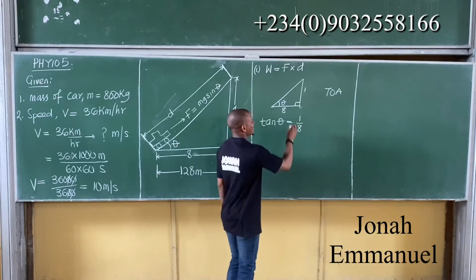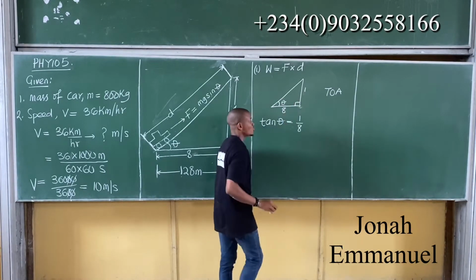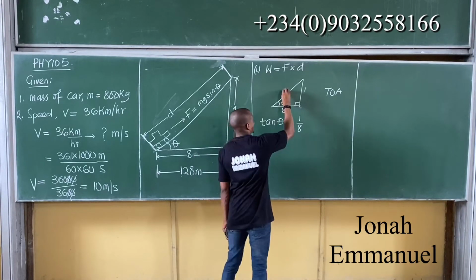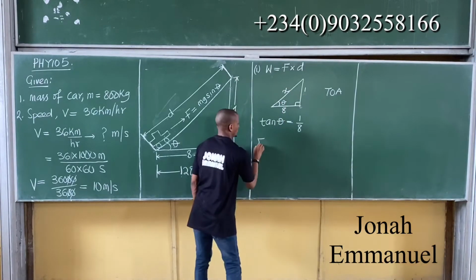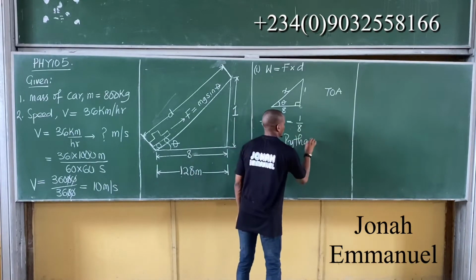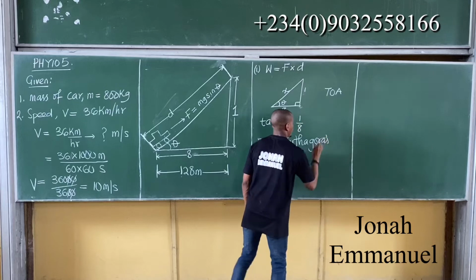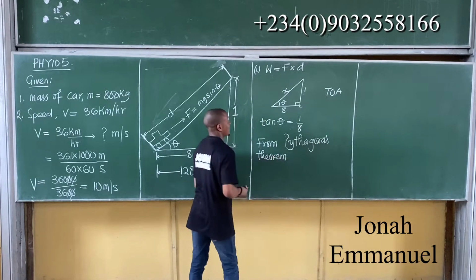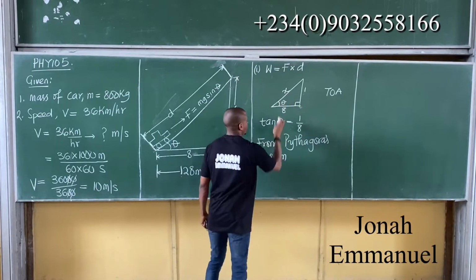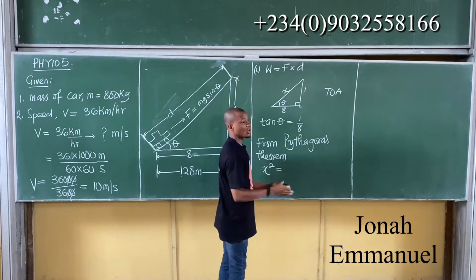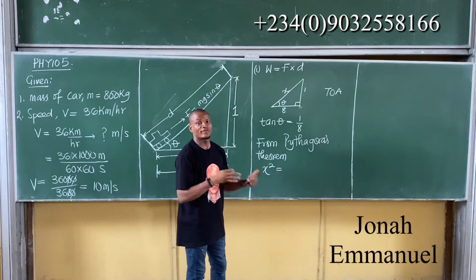It's as easy as I will get this point here using the idea of Pythagoras theorem. So let's call this x. From Pythagoras theorem, it says that the square of the hypotenuse, that's x squared, is equal to the sum of the square of the other two sides.